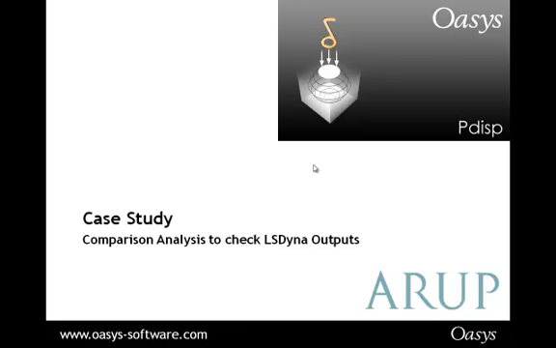So what I'm going to do with Pdisp is go into a case study. The case study here is a comparison analysis to check LSDyna outputs. The reason I'm doing this particular case study is it's actually for a confidential project, but it shows very nicely how Pdisp compares to FE, finite element analysis, and how the results compare.